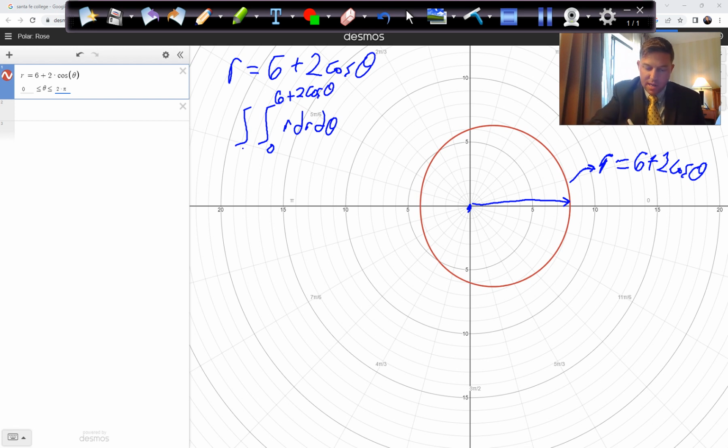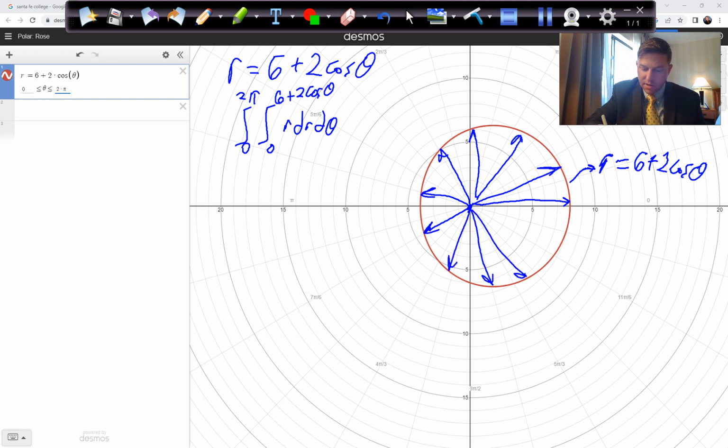And then our theta is going to go from 0 to 2 pi. So basically we're going to grab all these radii, an infinite number of them, from 0 to 2 pi of this cardioid, all the way back to 2 pi. So that's the idea. So let's head back and see how to do it.